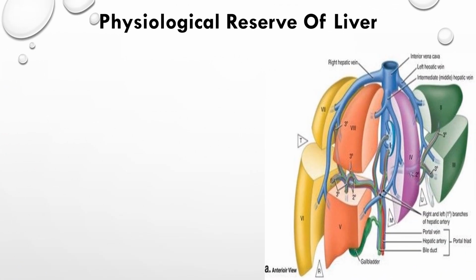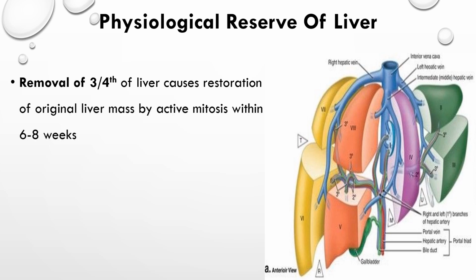The liver has a considerable physiological reserve. Even if 75 to 80% of the liver is removed, the liver can still perform normal physiological function. The liver possesses a great regeneration power.